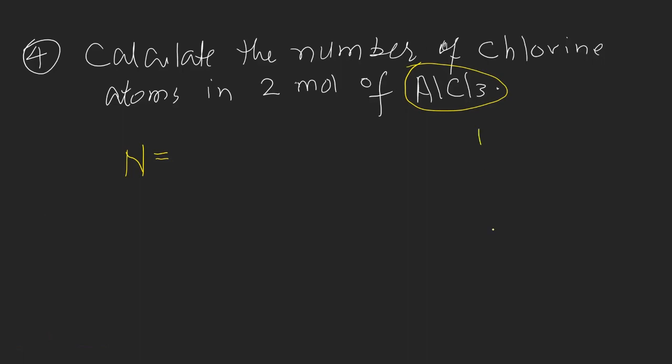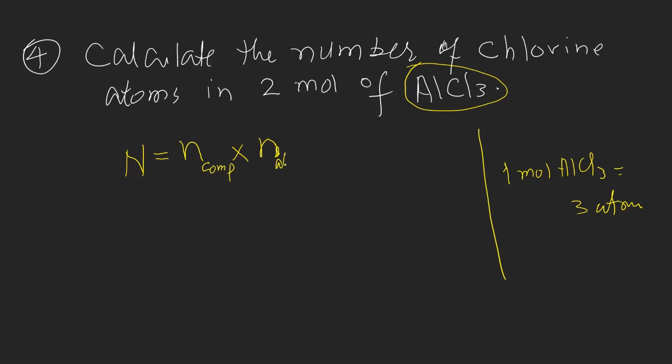So each 1 mole of AlCl3 has how many atoms of chlorine? 3 atoms of chlorine. So we use the same formula, N for the whole compound, and then the number of atoms in 1 mole of that compound, and then Na.